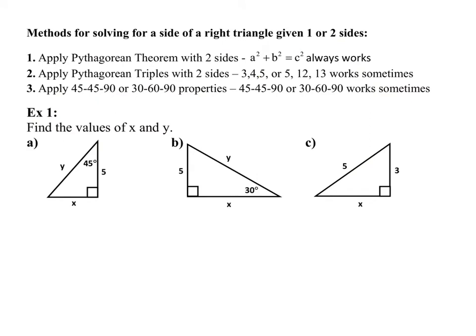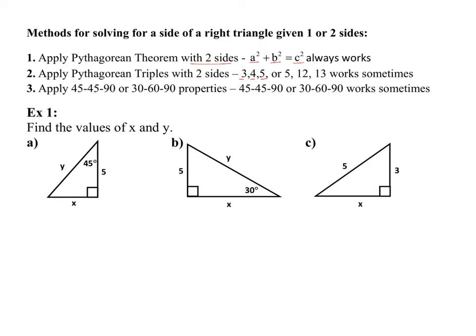Methods for solving for a side of a right triangle given one or two sides. You can apply the Pythagorean theorem if you have two sides: a squared plus b squared equals c squared. That always works. You can apply Pythagorean triples. Now, these work sometimes when you notice them. If you have a leg of length 3 and a leg of length 4, then the hypotenuse is 5.